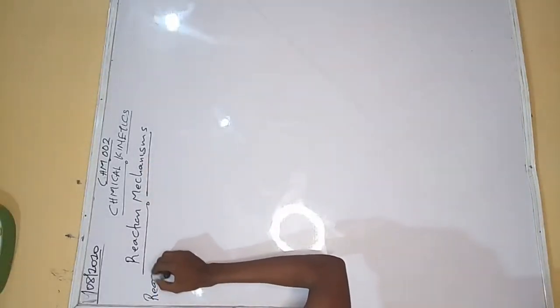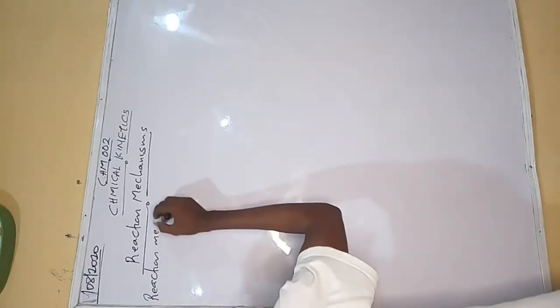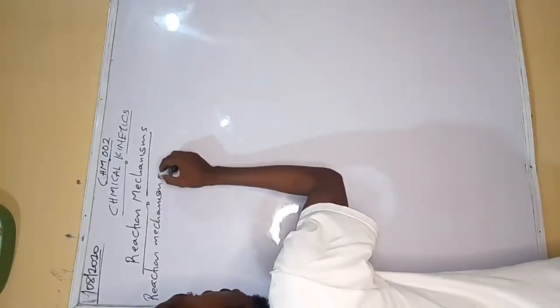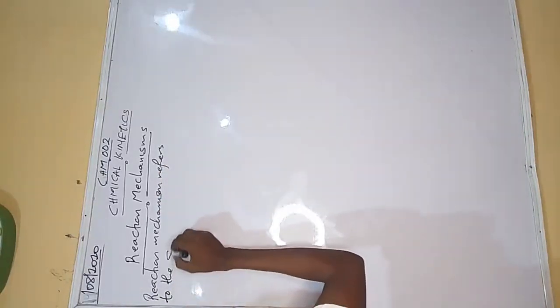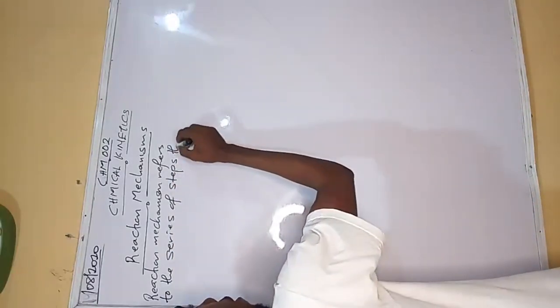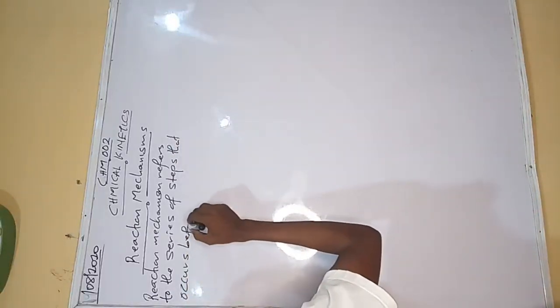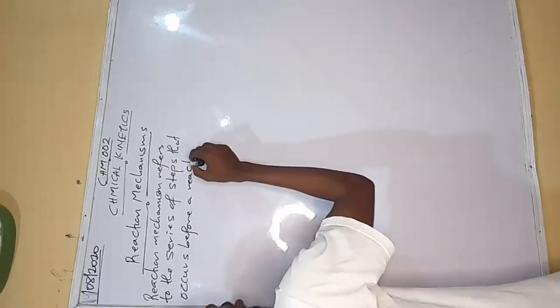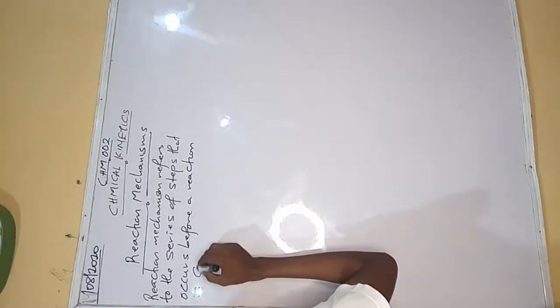So please, you have to write it down. Reaction mechanism refers to the series of steps that occurs before a reaction is completed.